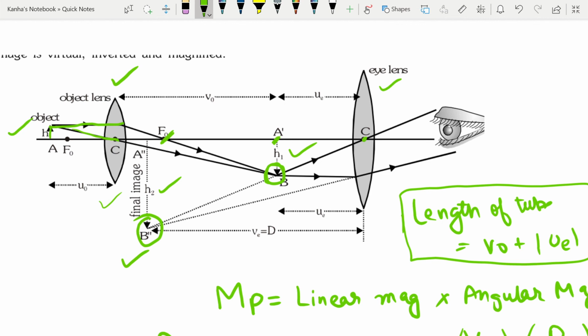You get an image which is real and inverted, and this acts as the object for the eye lens, and because it's between the focus and the pole, you will get the image at this point, and the eye will perceive this as the object, which will be magnified because it has a larger height.